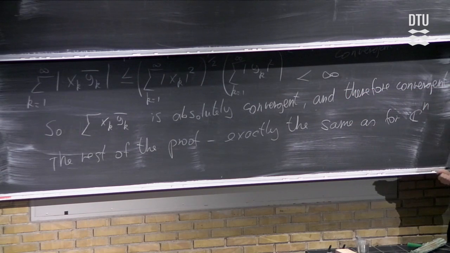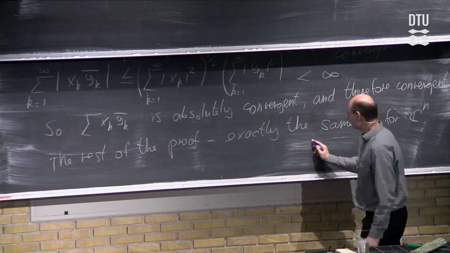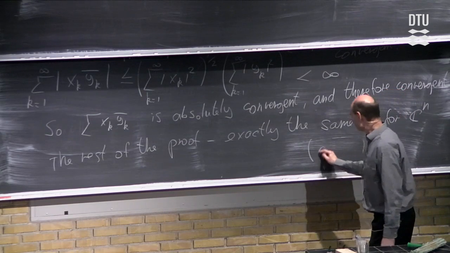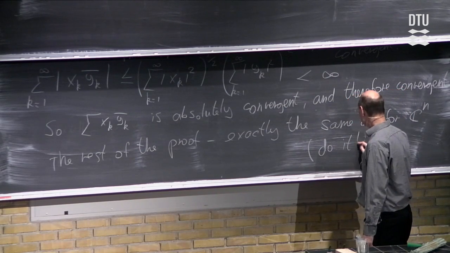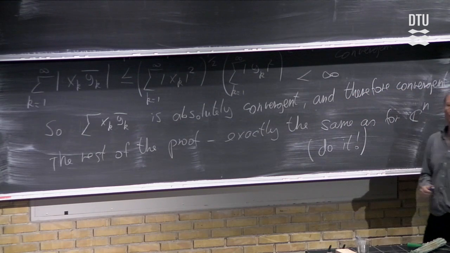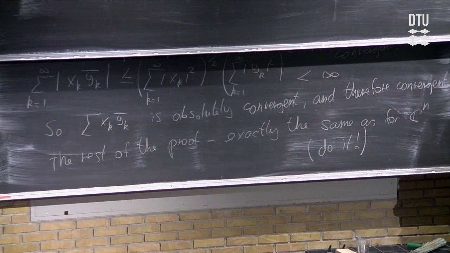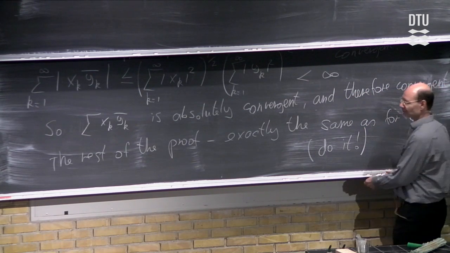So you can just go back and look at your notes from the first hour, and then you'll see how to do that. And I actually think it's a very good idea if you do it, because it gives you a very good feeling for the conditions we are dealing with. But I will not do it here.